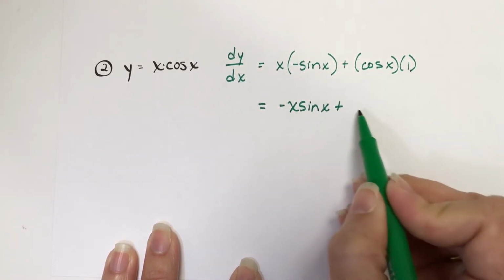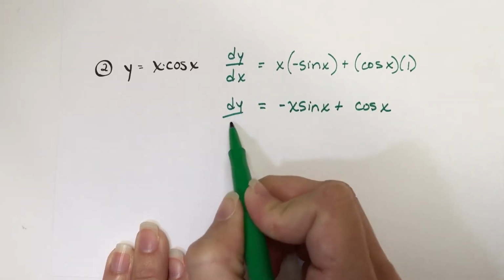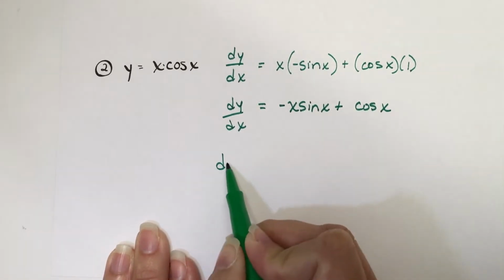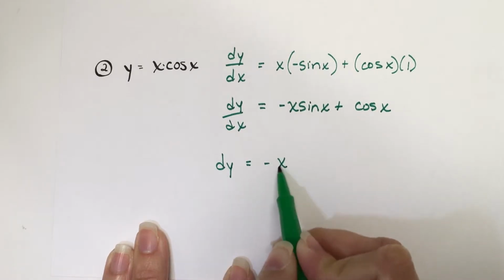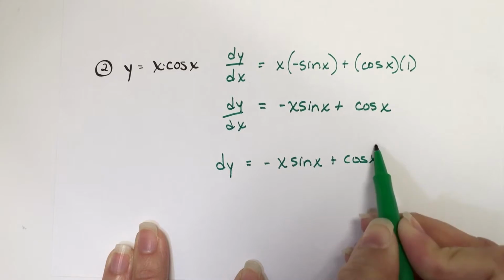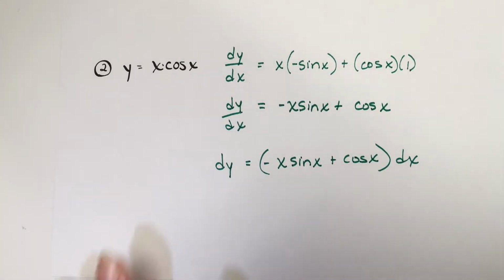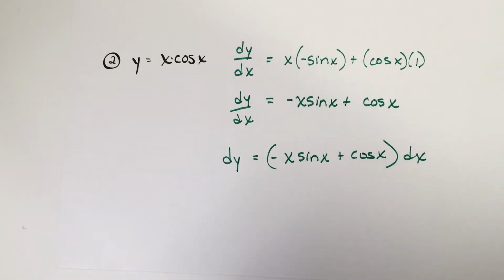And of course, cosine times 1 is just cosine. So this is your derivative equation, which means your differential equation would be your derivative times dx.